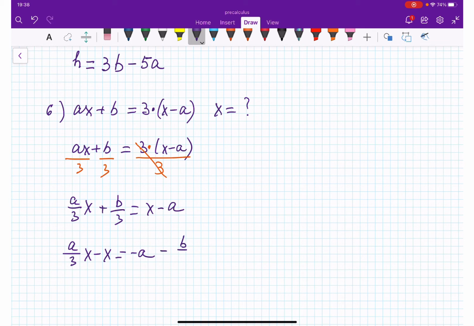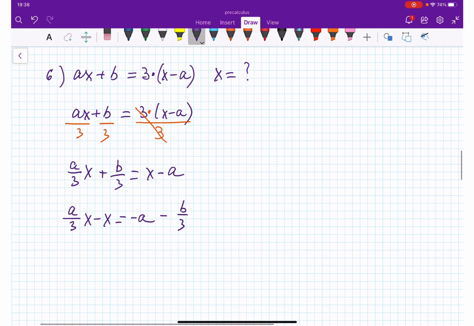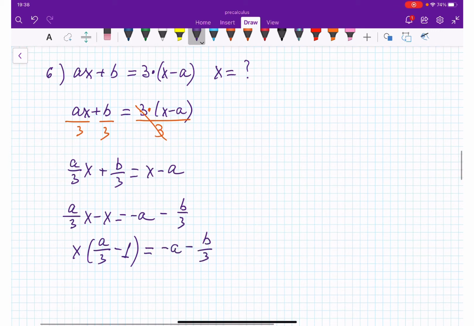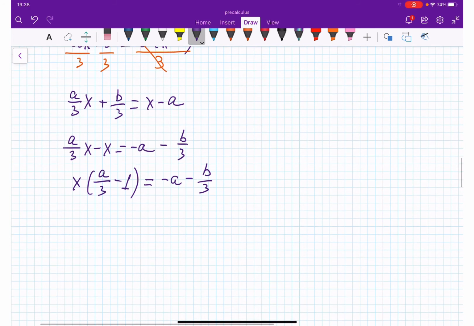Minus b over 3. Okay, so on the left side let's take x out. And we get a over 3 minus here will be 1. And here we have negative a minus b over 3. Correct?